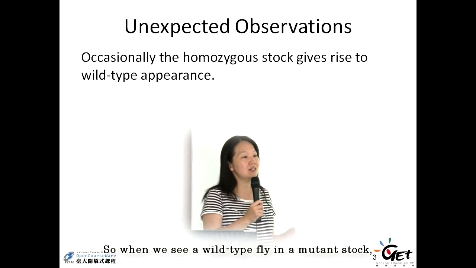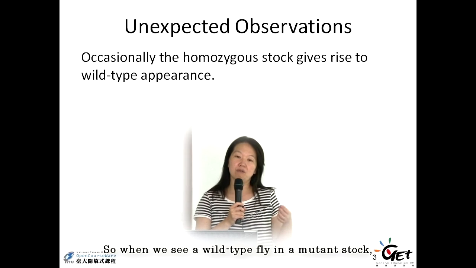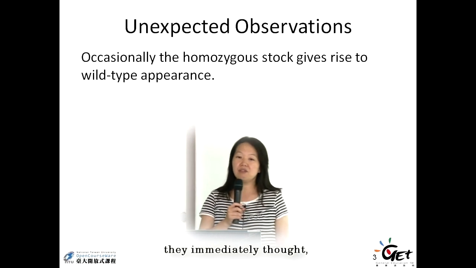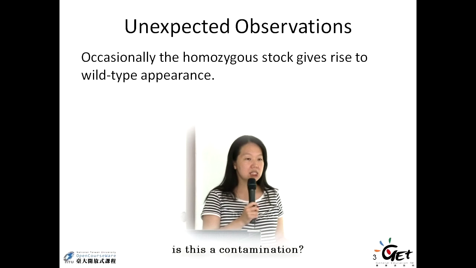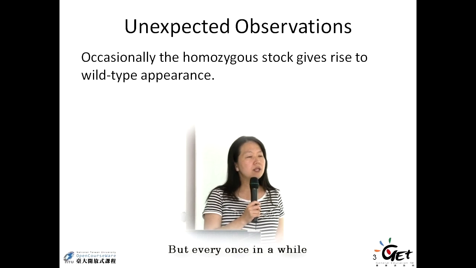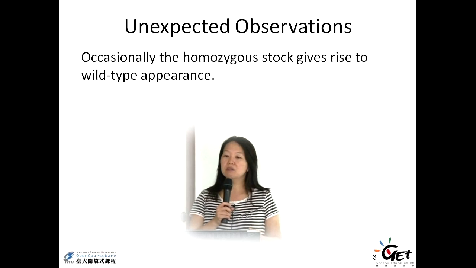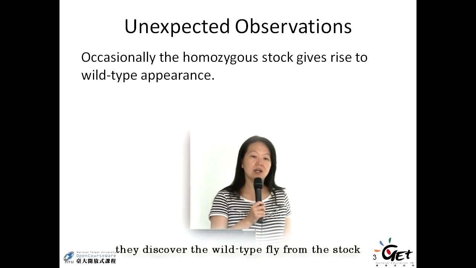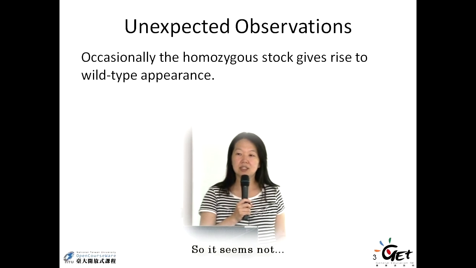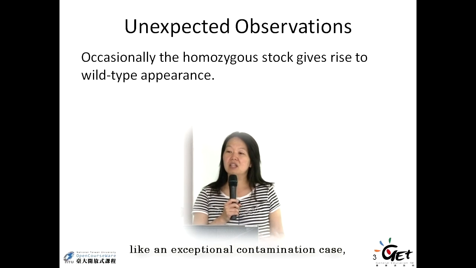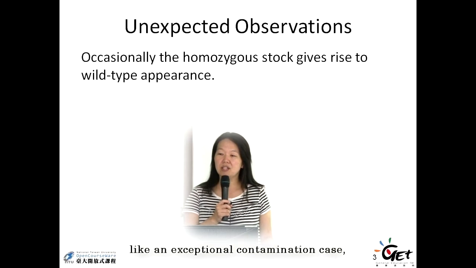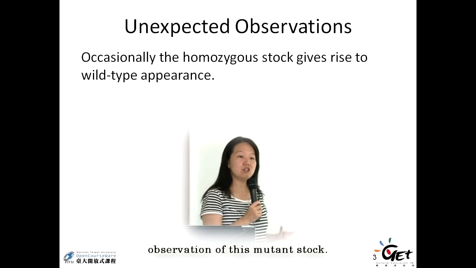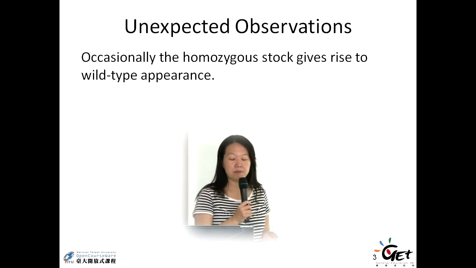When we see a wild type fly in a mutant stock, the immediate thought is, okay, is this a contamination? But every once in a while, they discover the wild type fly from the stock. So this seems not to be an exceptional contamination case, but actually an exceptional observation of this mutant stock.